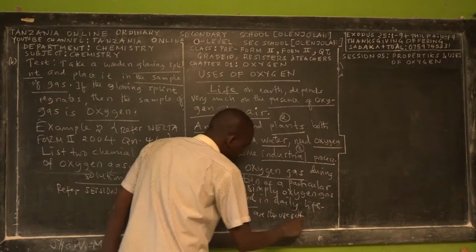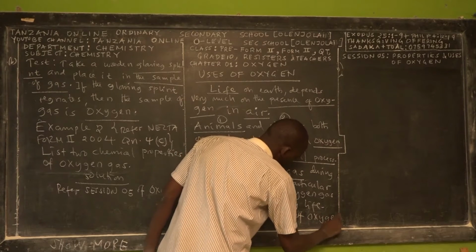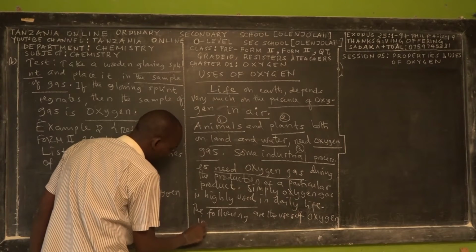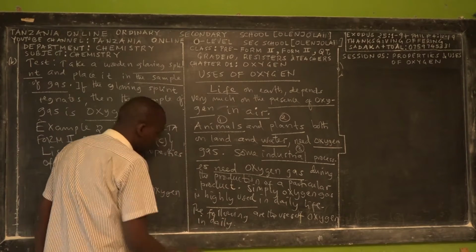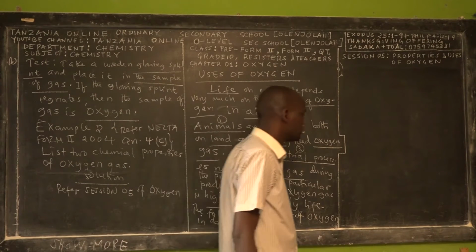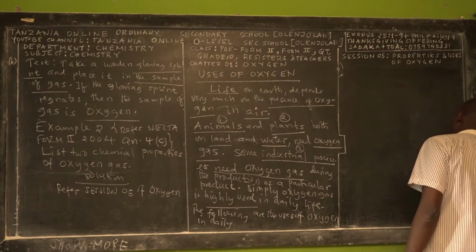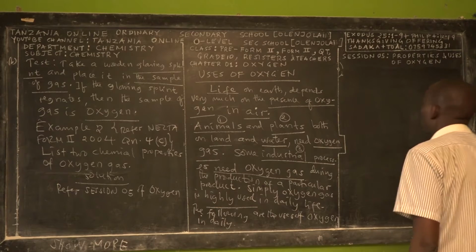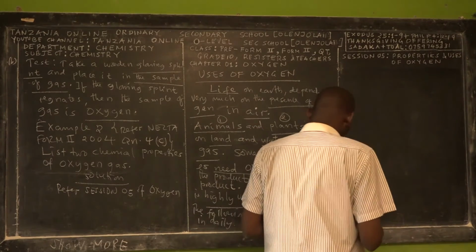I've taught you how you can prepare oxygen, what oxygen is, and the physical properties and chemical properties of oxygen. Now we have to know the applications. Where do you use oxygen in daily life?